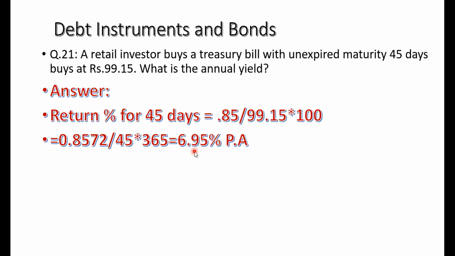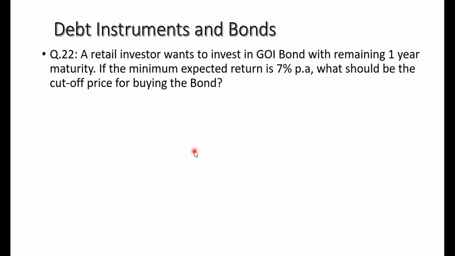Agreed? Okay. Now, 22. A retail investor wants to invest in Government of India bond with the remaining 1 year maturity. If the minimum expected return is 7% per annum, what should be the cut-off price? These are all gimmicks only. Don't worry about cut-off price. Just take your calculator.